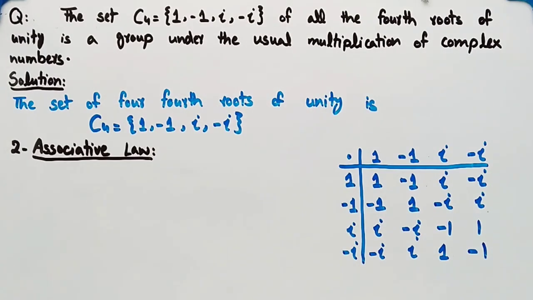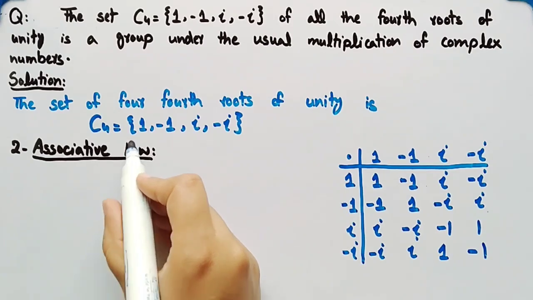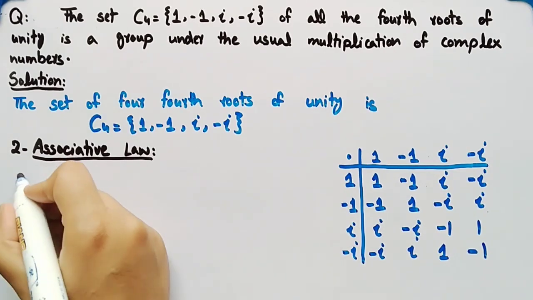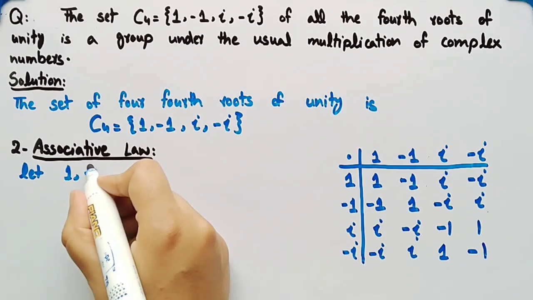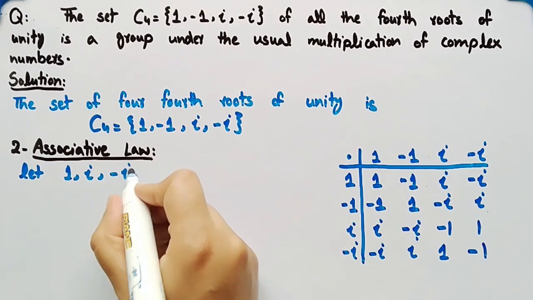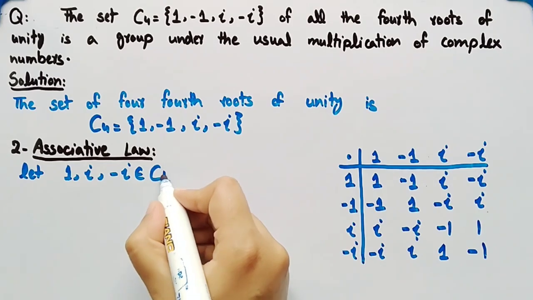Second axiom is associative law. For this we take any three elements from the given set. So let 1, iota, -iota belong to C4.